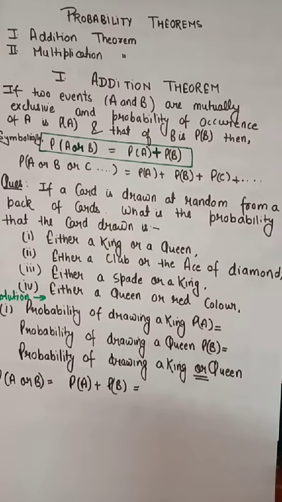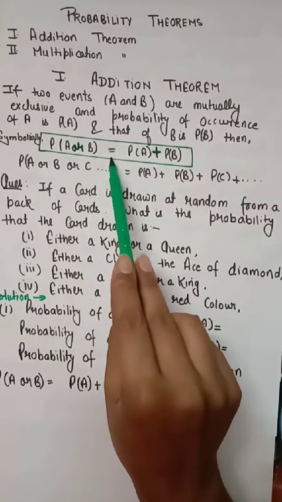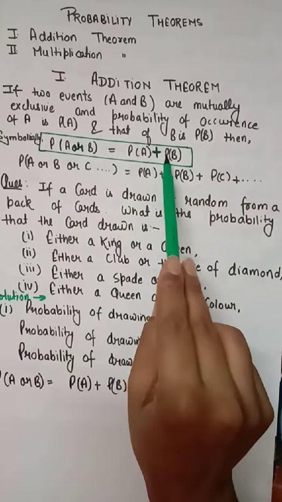So first, the addition theorem says if two events A and B are mutually exclusive and the probability of occurrence of A is P(A) and that of B is P(B), then symbolically the probability of A or B can be denoted by P(A) + P(B).